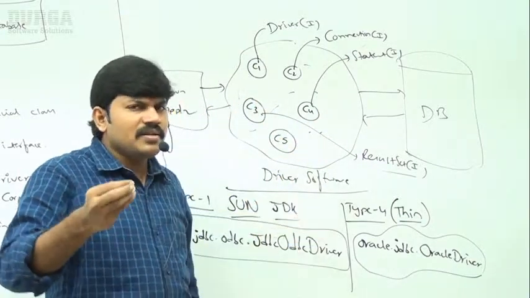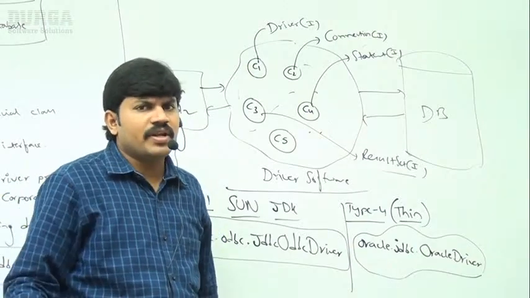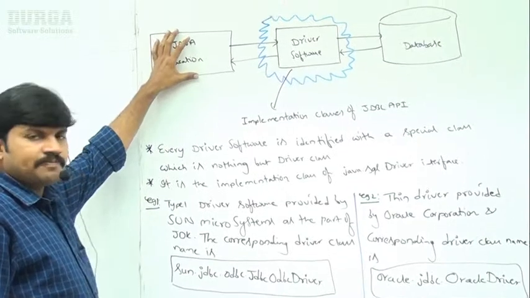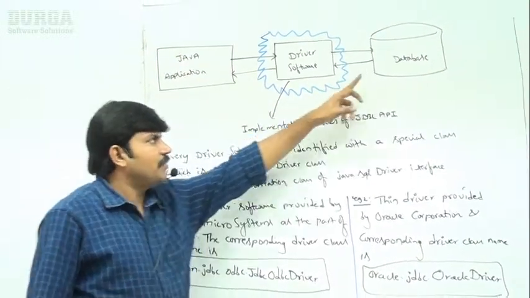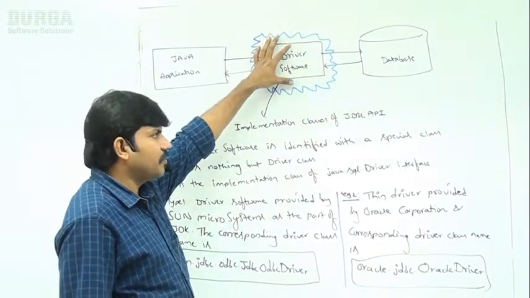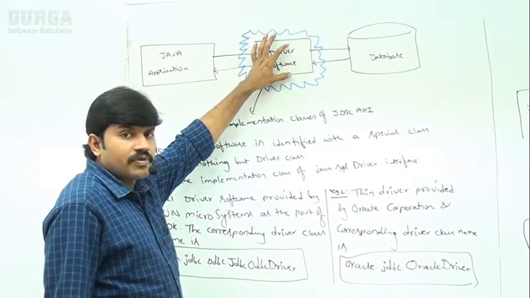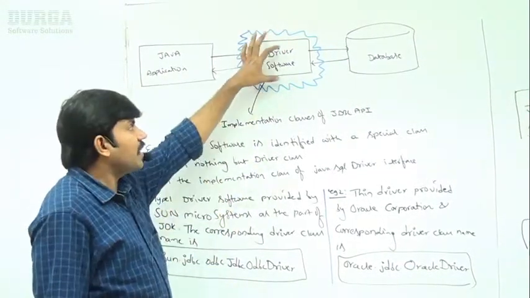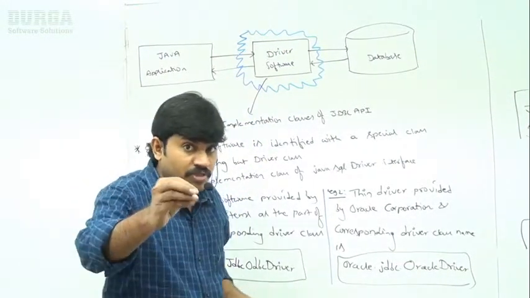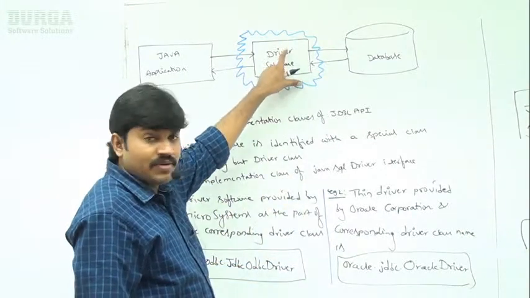Let me review whatever I covered. If a Java application wants to communicate with the database, driver software is required. This driver software is a group of classes, and it is identified with a special class, which is the driver class.